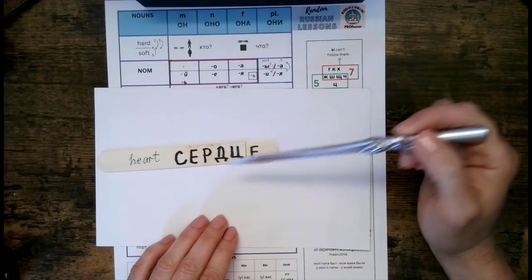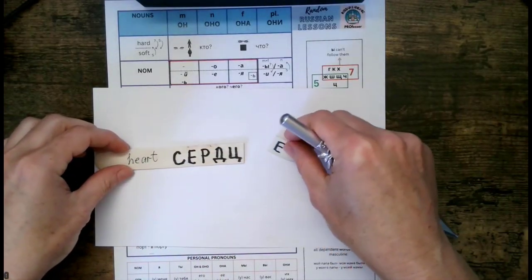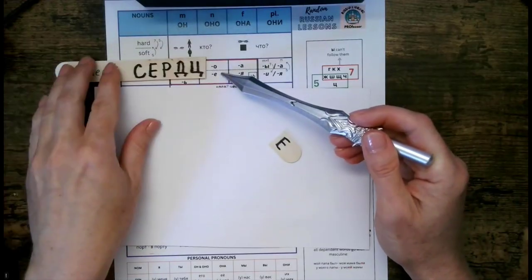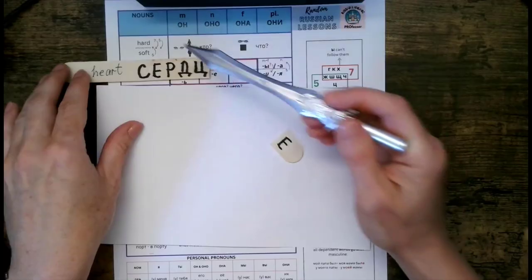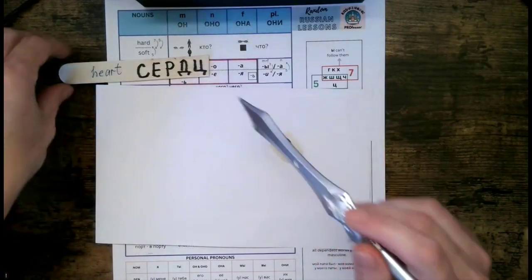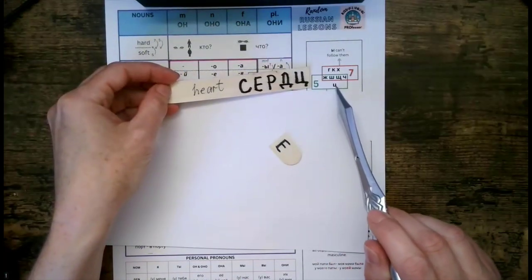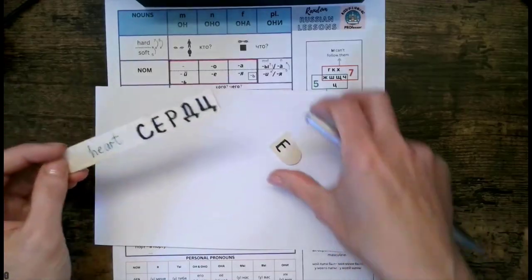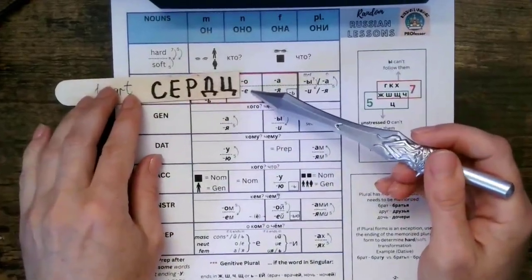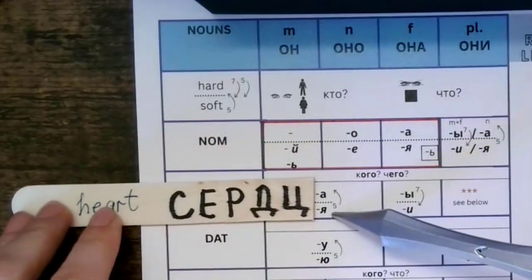So here we have the word сердце, which means heart. As you can see, ye will disappear and be replaced, but it also places сердце into the soft category. Remember, soft stays soft unless it's affected by the 5-letter rule. Now the letter ц is definitely part of the 5-letter rule, so something will affect it. Soft stays soft, which means we have to go to the soft ya right here.